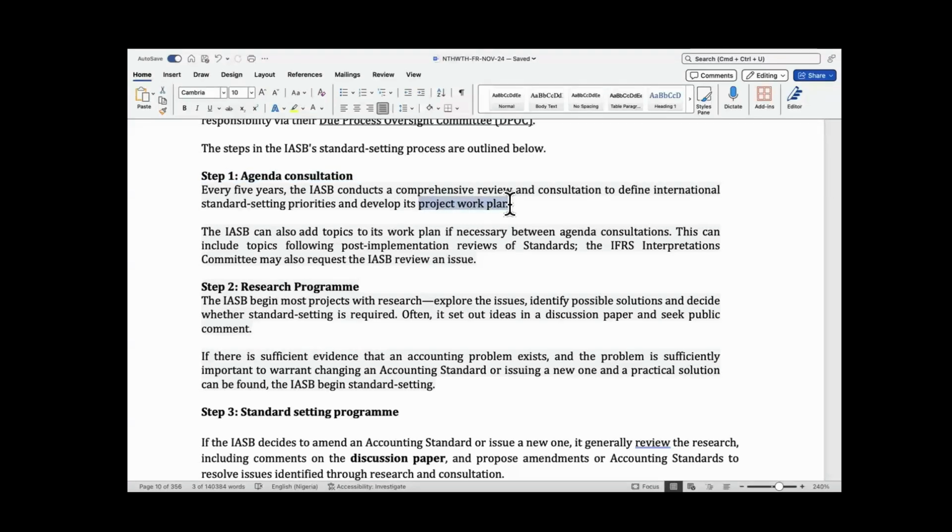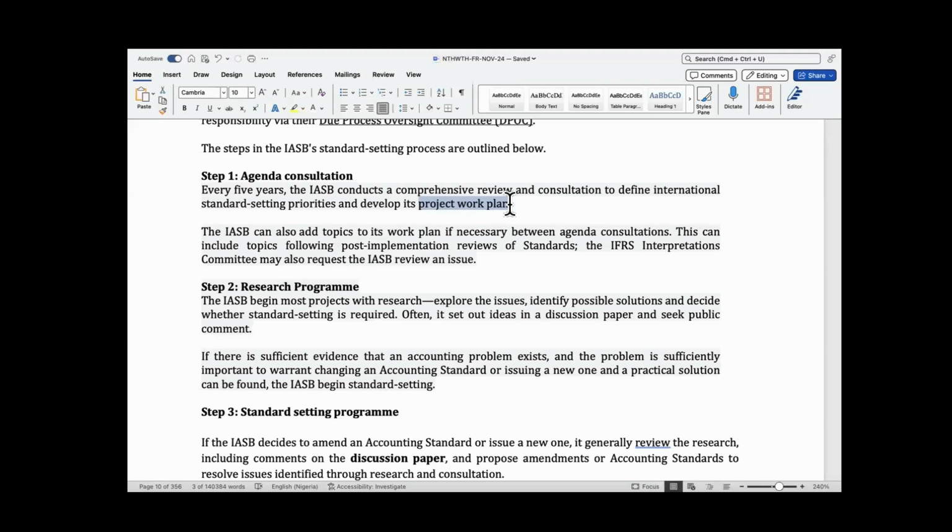This work plan is the result of review and consultation about any problems or challenges in practice that they need to work on. So every 5 years, they update their work plan, which has a list of accounting problems they want to work on. So, agenda consultation.